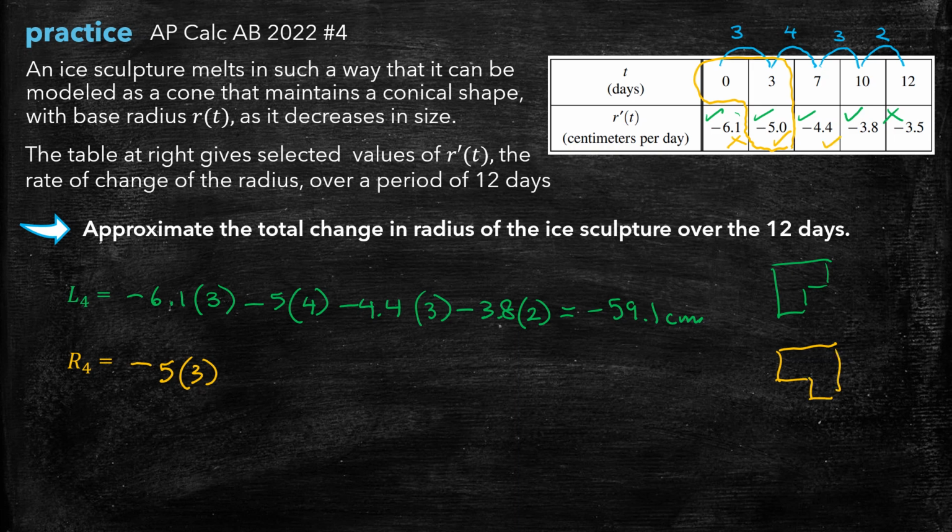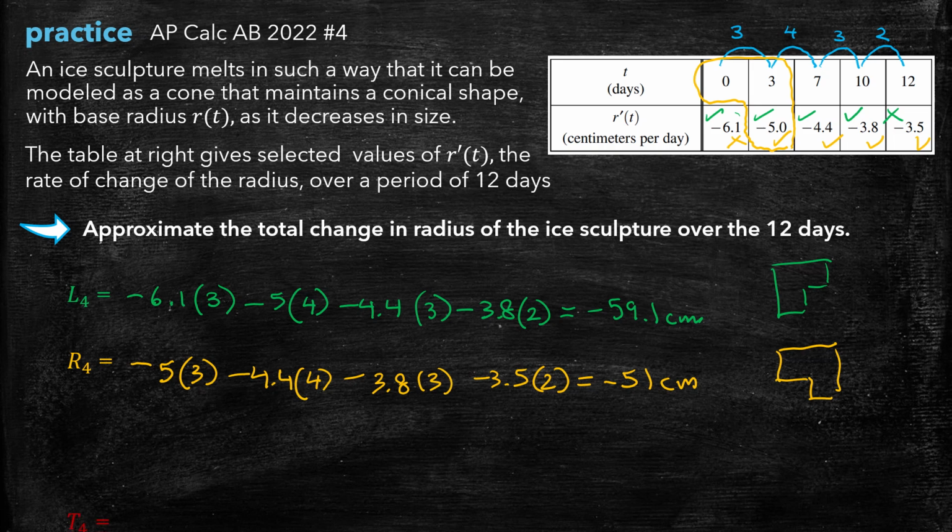Then we're going to use negative 4.4 times 4, negative 3.8 times 3, and then negative 3.5 times 2. And our estimate there is negative 51 centimeters.